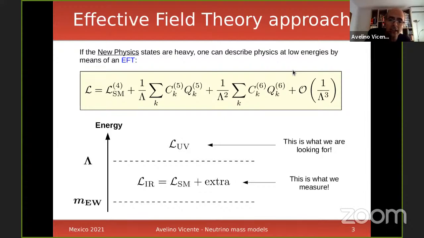When you integrate out these particles and go to lower energies, you get the standard model plus additional operators. So what we are actually looking for is the ultraviolet completion, the theory behind neutrino masses. But what we measure at low energies are these extra operators. Therefore, there are in principle many possibilities for the ultraviolet theory.